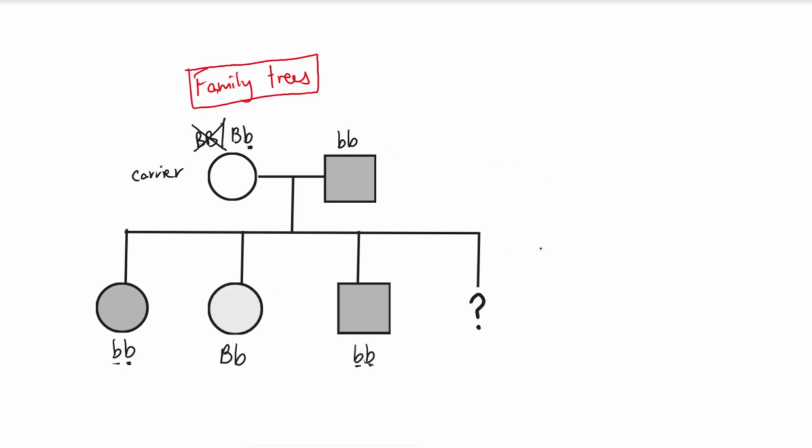In that case, we can do a Punnett square again to quickly predict what genotype the baby would have. Let's say, for example, the mother would have these two gametes, whereas the dad would have these two gametes. Then very quickly, we can do a quick Punnett square, which shows this particular combination.